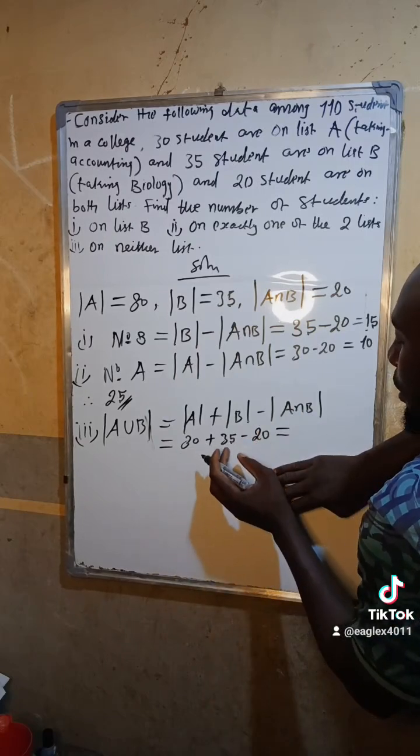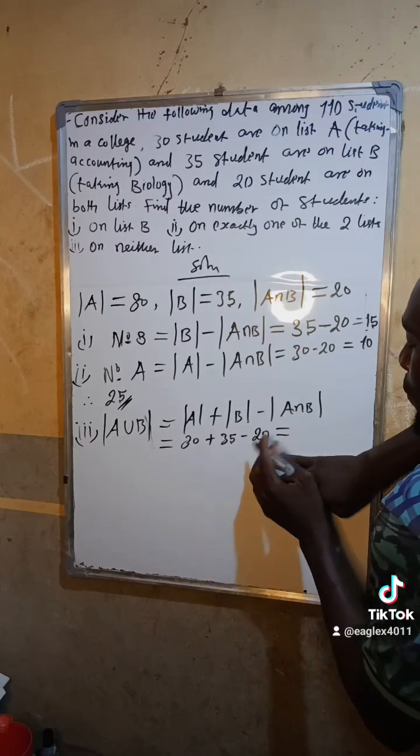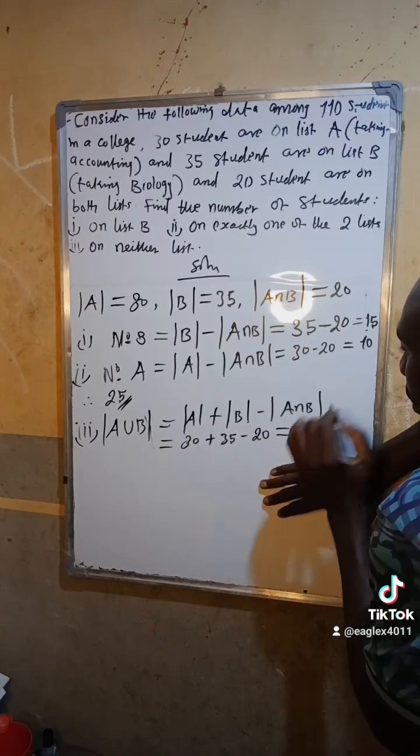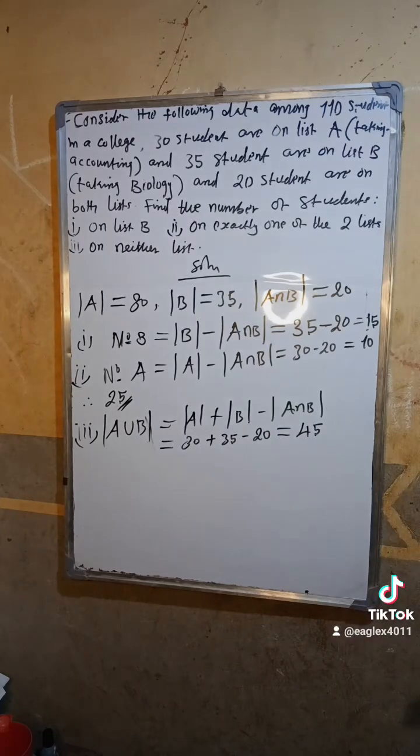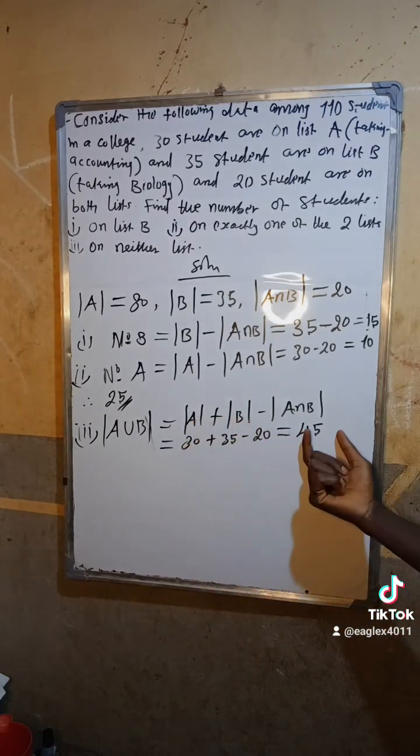This plus this will give us 65, minus 20, it will give us 45.